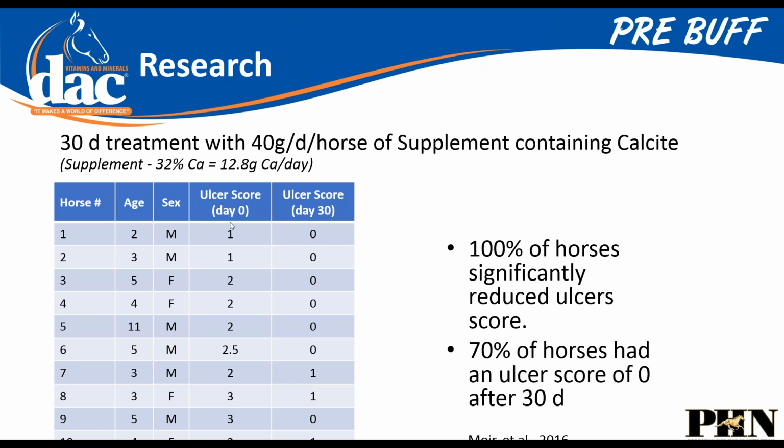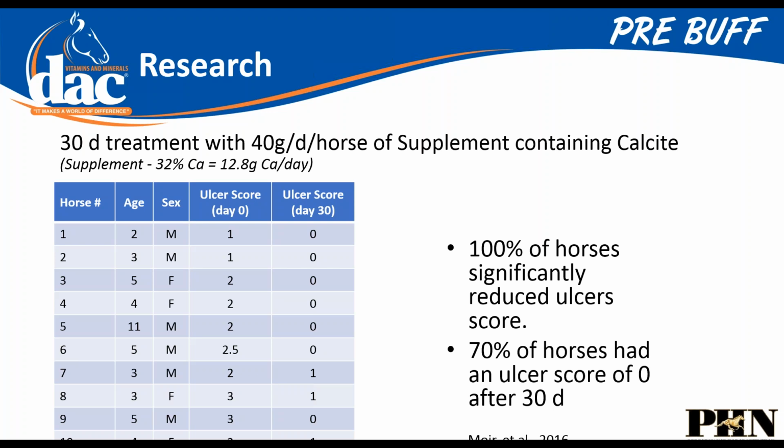And on day 0 of the trial, they did a scope, put the camera down their throat, and looked at the horse's ulcer score, and they ranged from a 1 to a 3. After 30 days of treatment with this product, every single one of the horses had seen a significant reduction in ulcer score.